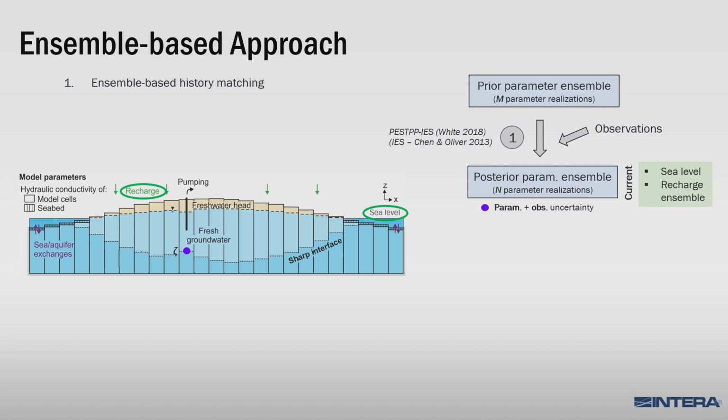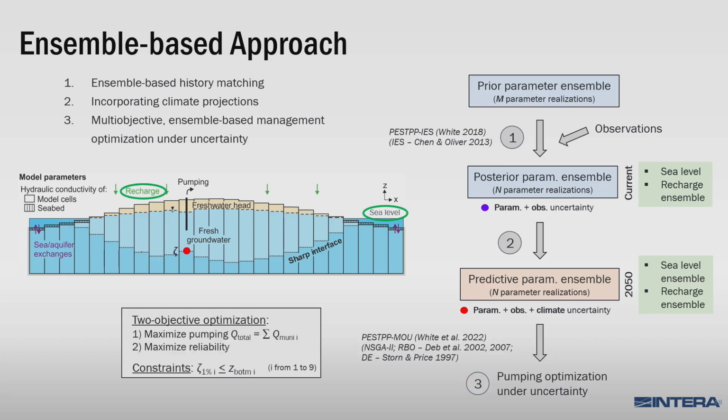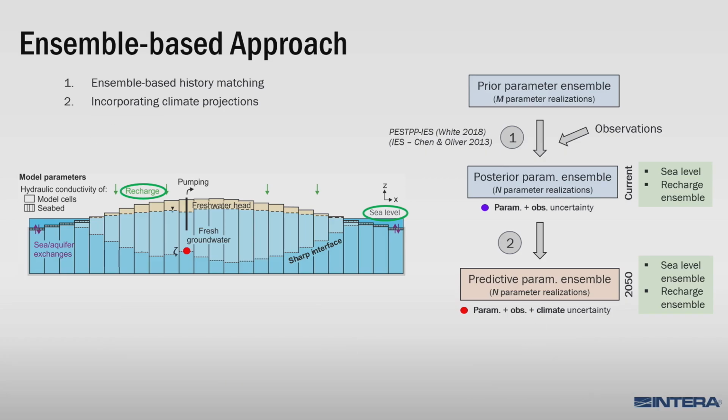But we wanted to make predictions for 2050, which accounted for climate uncertainty. So we generated 2050 sea level and recharge ensembles that we then incorporated into the posterior parameter ensemble to attain a predictive parameter ensemble.